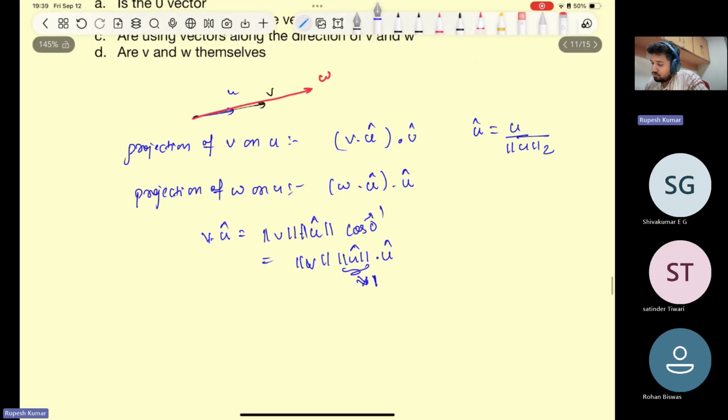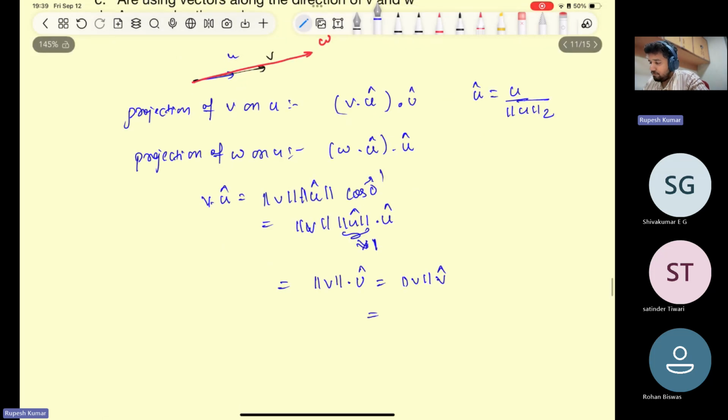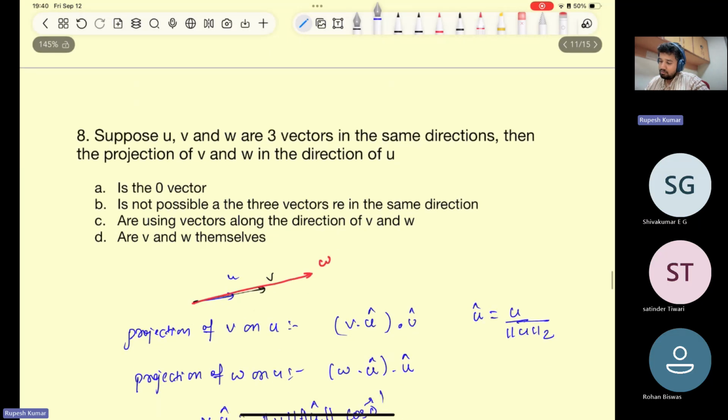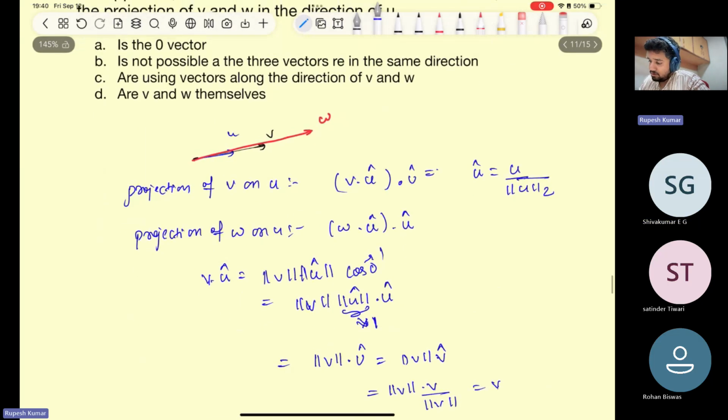Norm of u cap is 1. So this becomes norm of v in the direction of u cap. Since u cap is in the direction of v itself, it becomes norm of v times v cap, which is norm of v times vector v divided by norm of vector v, which is essentially vector v. So projection of v on u is essentially v.